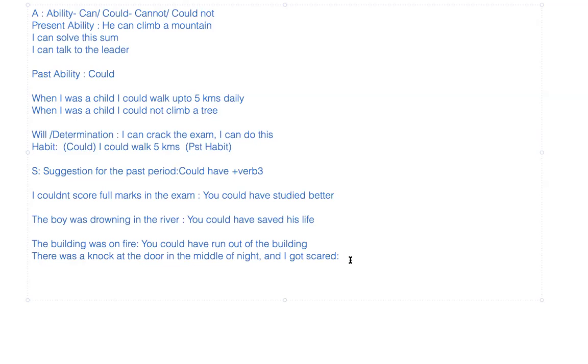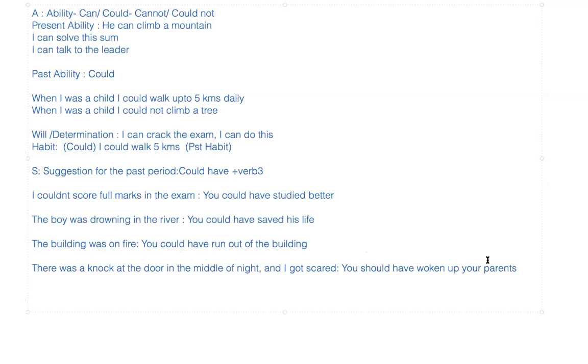The suggestion that would come from my side would be you should have called or woken up your parents. That was a suggestion, you should do that. That was your duty, a personal duty to wake up your parents, but you didn't do that, so you should have. Here the duty part comes which you didn't do, and here comes the ability part again which you didn't show at that point of time.